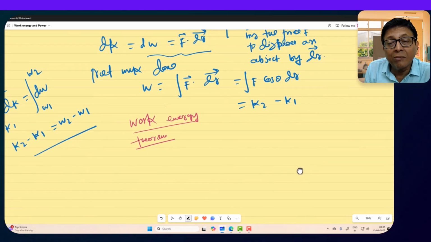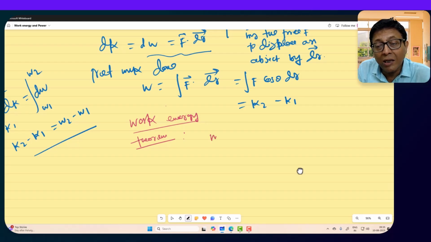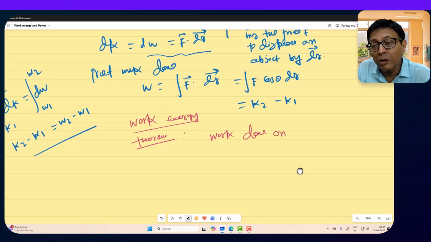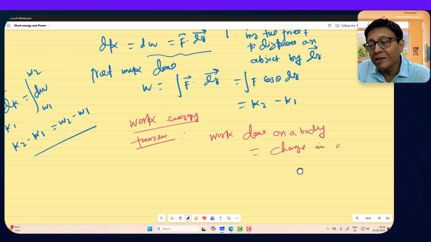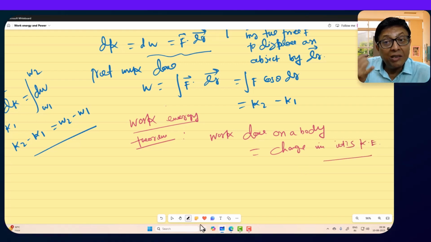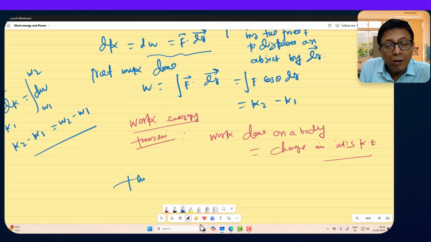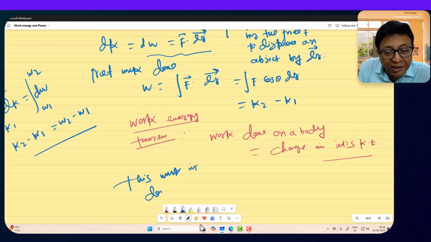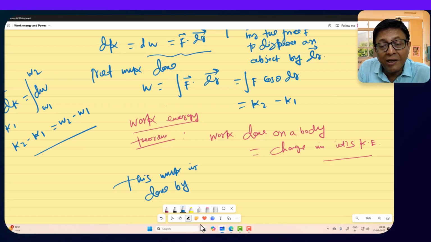So, the work energy theorem statement, let me write first. Work done on a body is equal to change in its kinetic energy. But this work is done by the net force, you can say the resultant force.